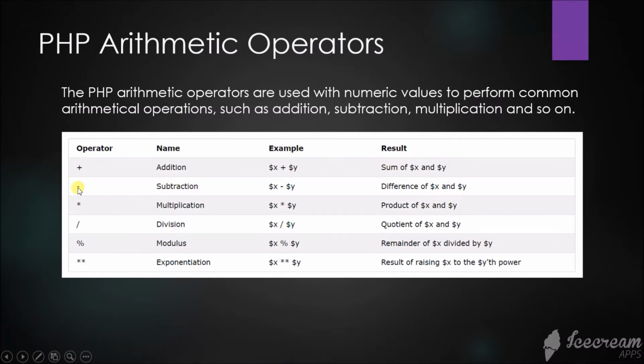Then the subtraction, the multiplication, which gets the product. Then the division, which basically gets the quotient. Then the modulus, which gets the remainder. So remainder of what? Basically, if we try to divide the value, and if there's a remainder, then that's the modulus value. Okay? Then we have the exponentiation. So basically, it's about the exponent.